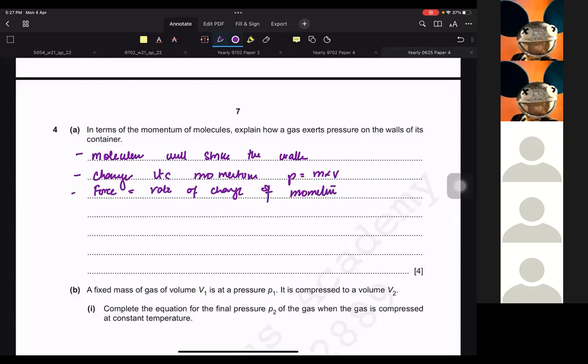And hence, pressure, which is force over area, is caused by molecules. Now, this is an ideal answer for 0625 people. For 5054 people, you're not going to write momentum. You're just going to write that molecules strike the wall, they exert a force, and that force exerts pressure, because pressure is force over area. So technically, it's the same thing except for the word momentum.